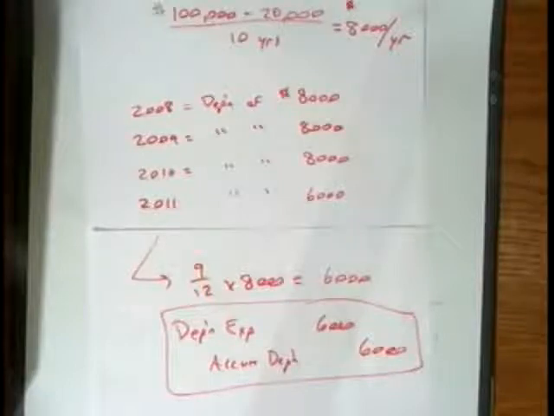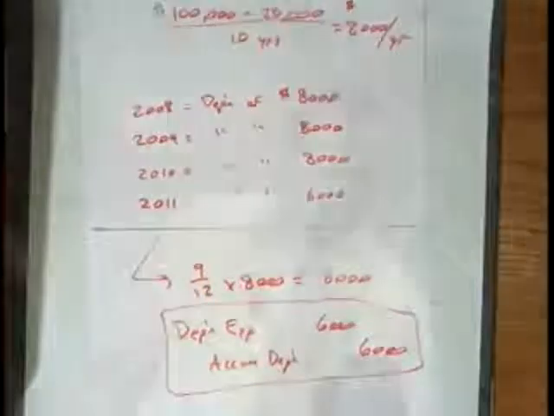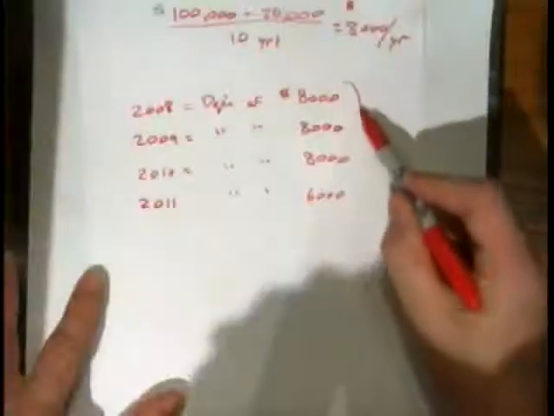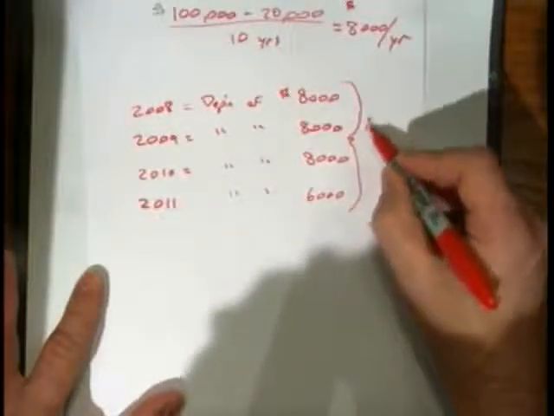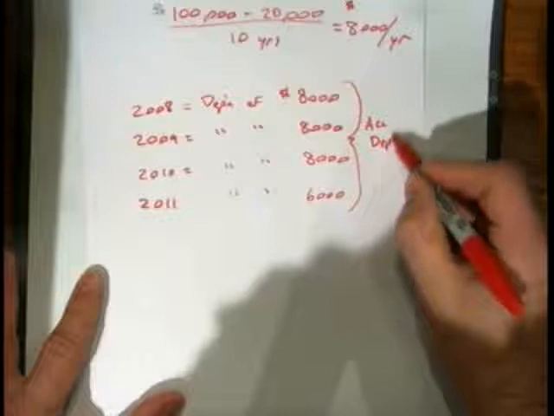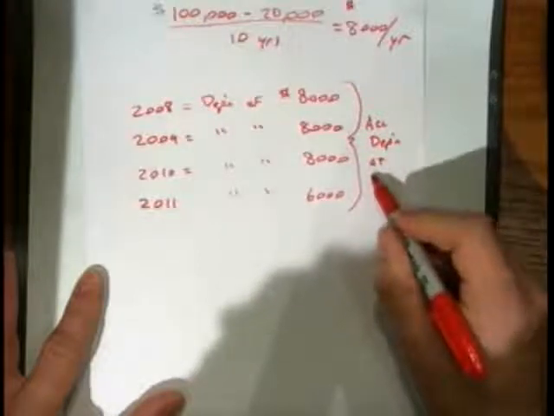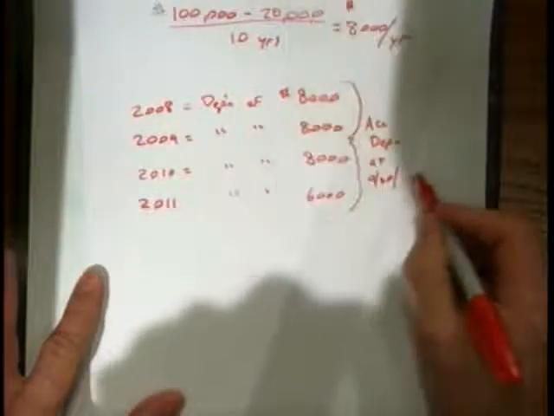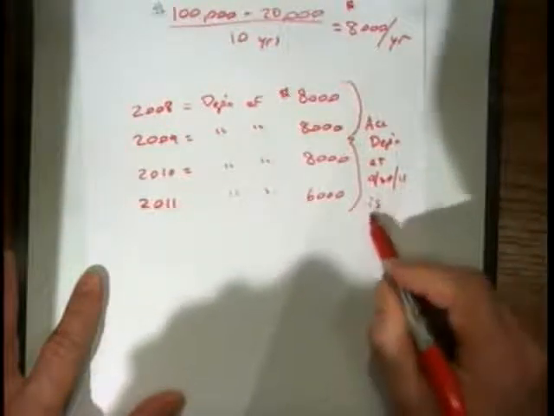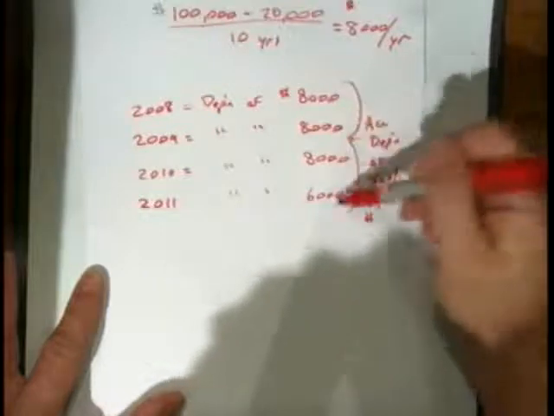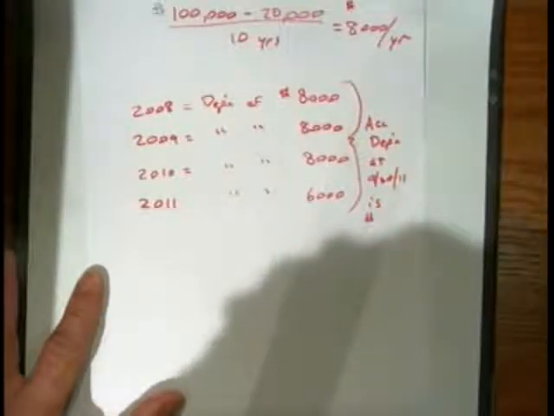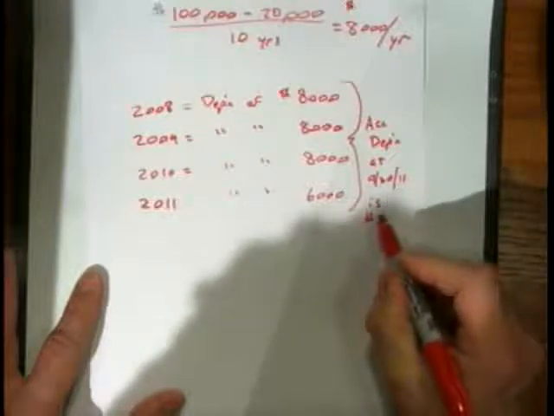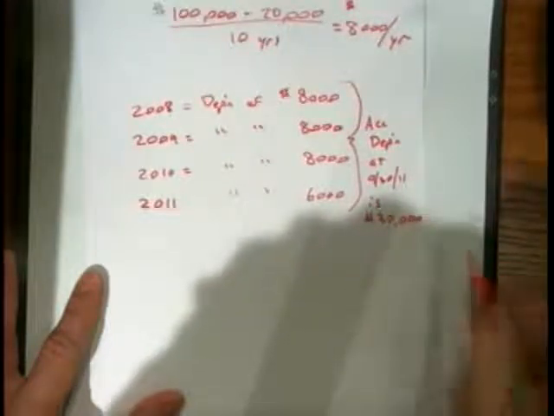All right, any questions thus far? Okay. So what is our accumulated depreciation at the date of disposal on this asset? Our accumulated depreciation at 9/30 of 11 is 8 plus 8 plus 8 plus 6. What is that? 30? Okay.